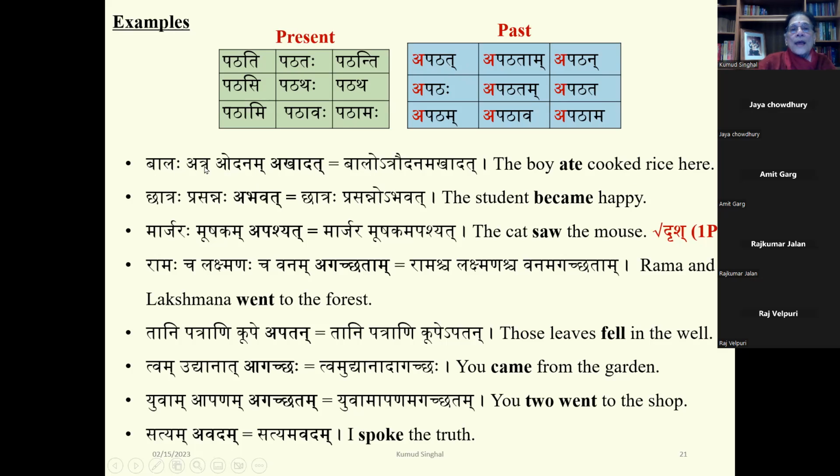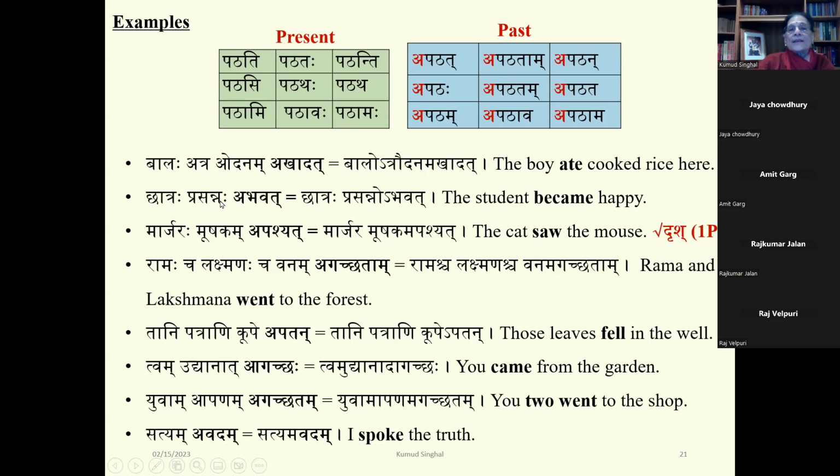So balo and a, o and a will be a vriddhi sandhi au, and ma and a will become ma. So balau atra odanam akhadat. Right? So when you do the sandhi, this sentence will become like this. So here you have a vriddhi sandhi, and here you have a shivoham kind of sandhi.